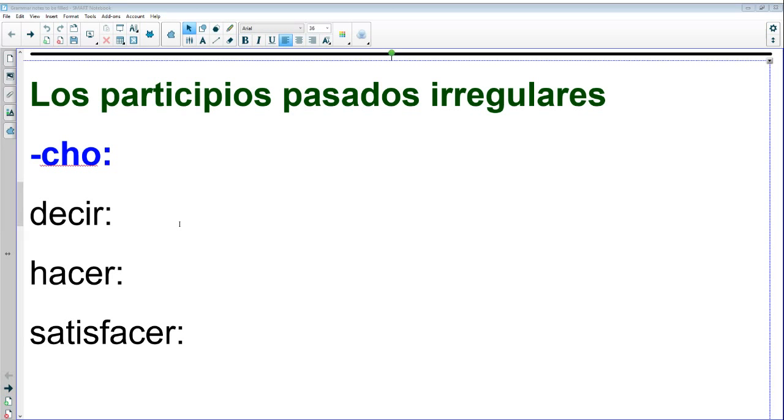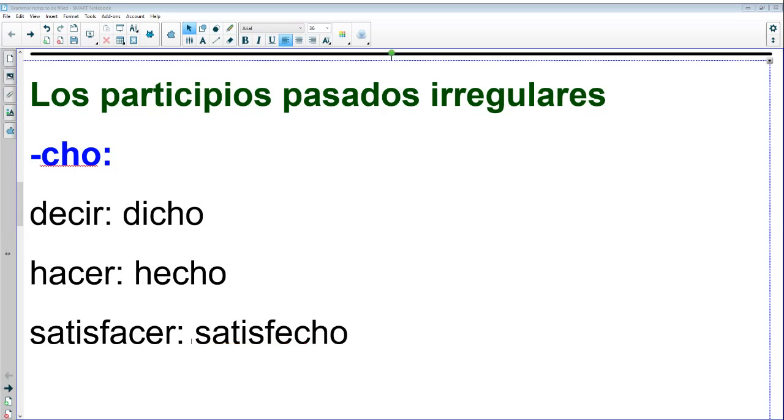So starting first with our cho verbs, we have decir, hacer, and satisfacer. Decir's irregular past participle is dicho. Hacer's irregular past participle is hecho. Satisfacer's irregular past participle is satisfecho. Okay, and then those are our chos.